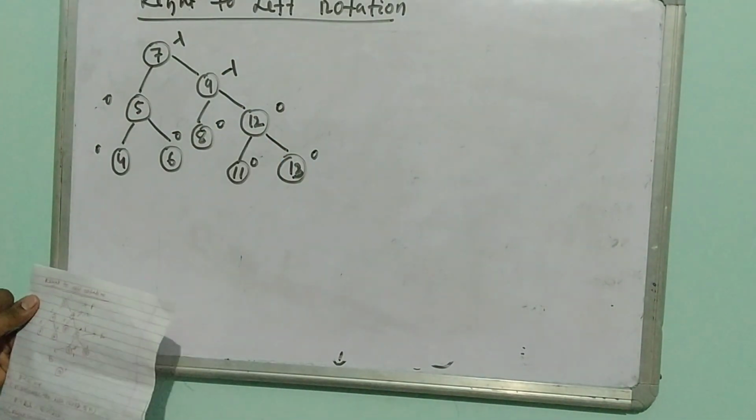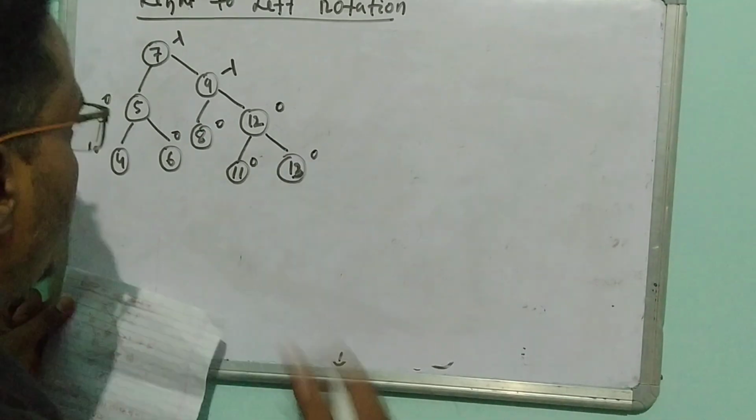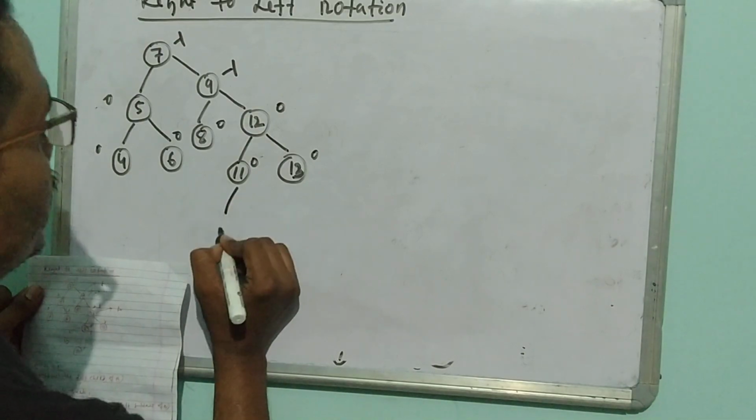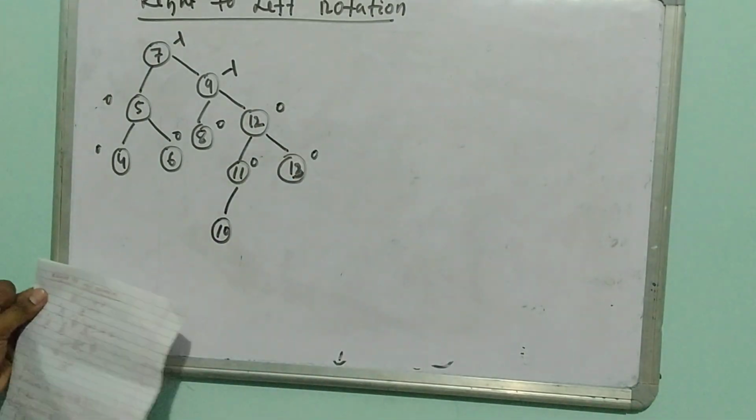And we have to insert here, as it is a right to left rotation, so the left part of the right subtree. So if I am just inserting 10 here, the imbalance factor starts.